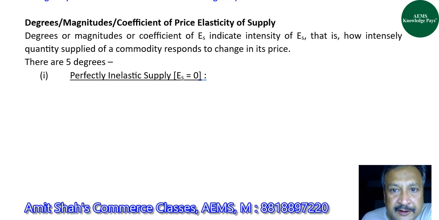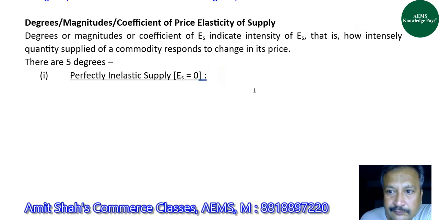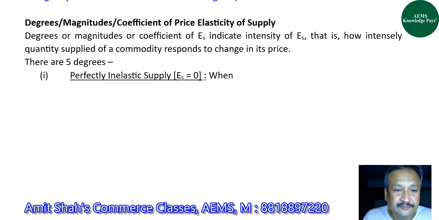Note down this much, everyone, and then we go ahead. So when quantity supplied of a commodity does not respond to change in its price at all, then supply is said to be perfectly inelastic.